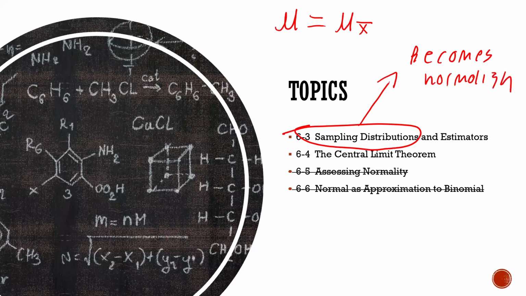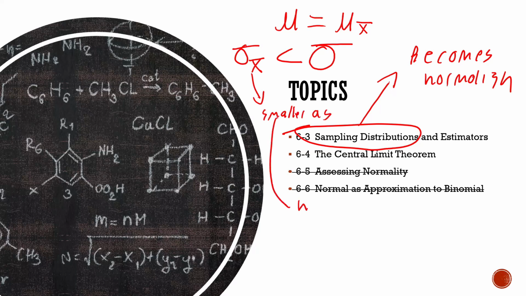And what happens to the standard deviation? This is the standard deviation. It's significantly smaller than the standard deviation of the population, and this becomes even smaller as n increases.